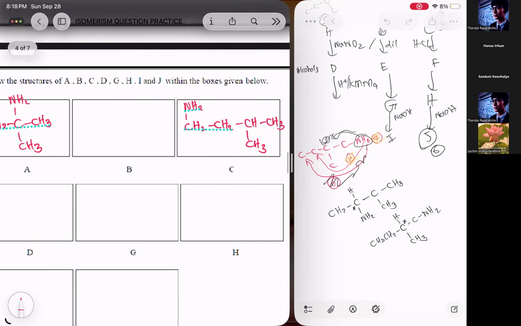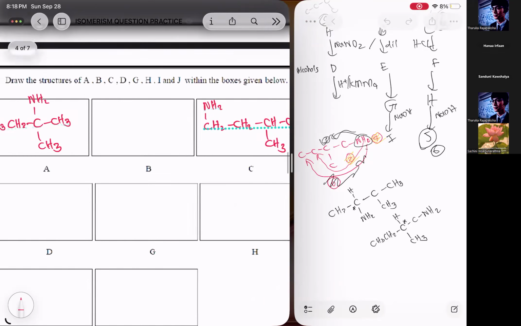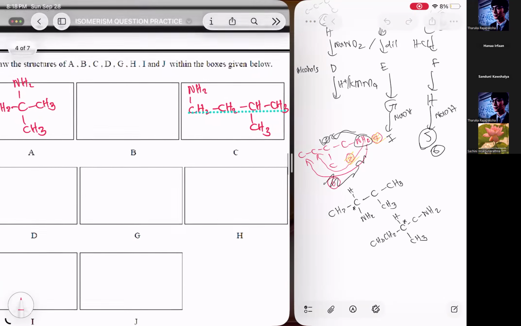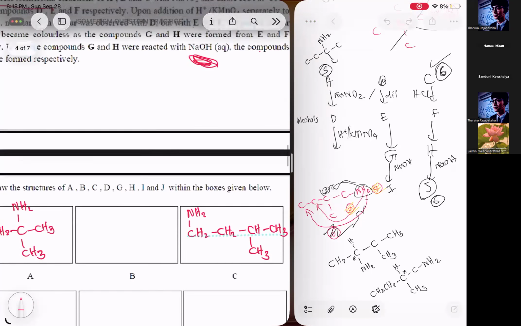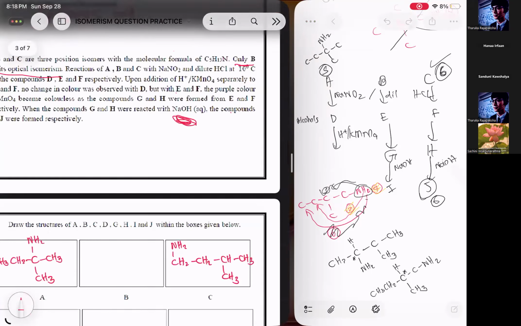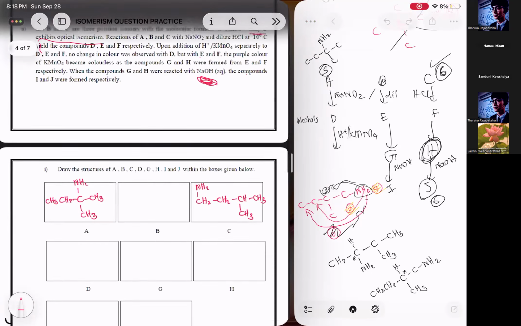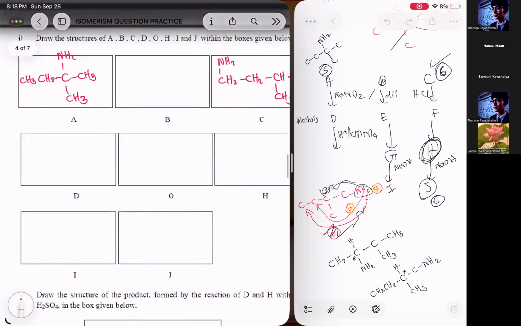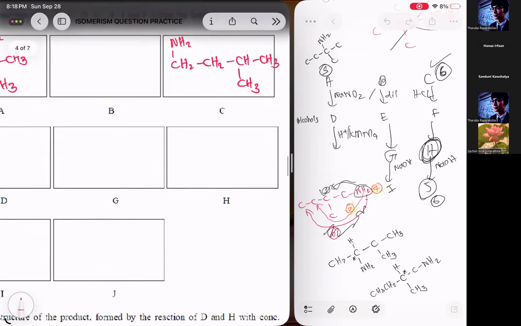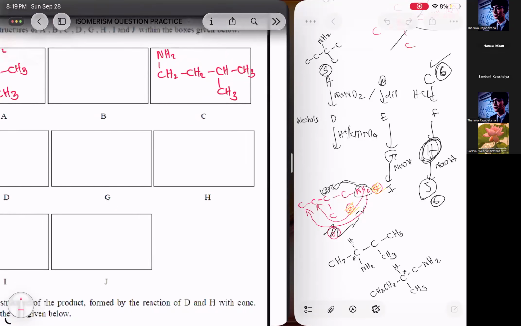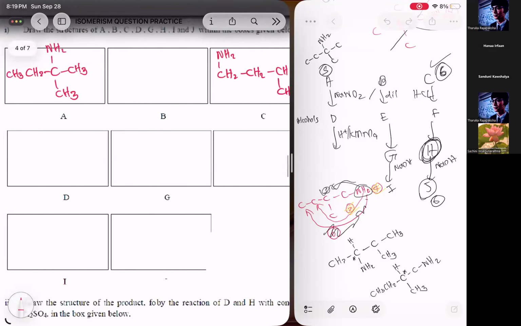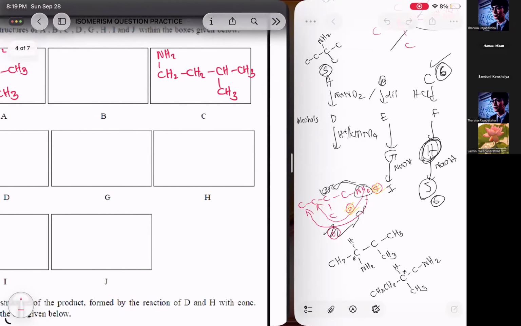Compound C. Then compound H. Where does H come from? G and H, this is H. H is coming from C, that's the sixth one. So it comes after reacting with NaNO2 and dilute HCl, and then this becomes an alcohol, and after that it reacts with KMnO4 forming a carboxylic acid.